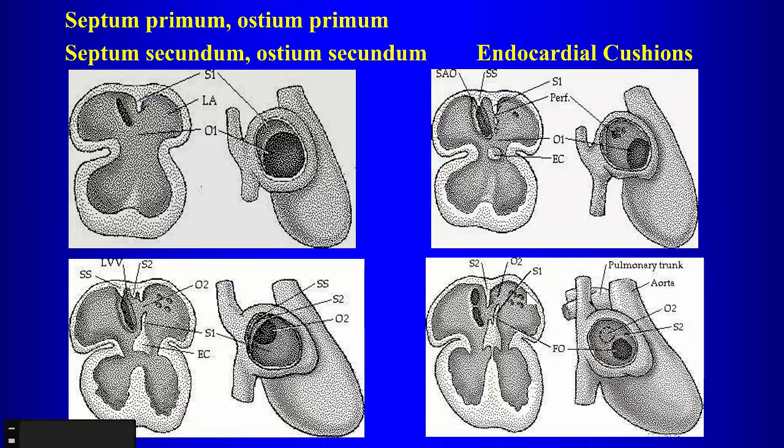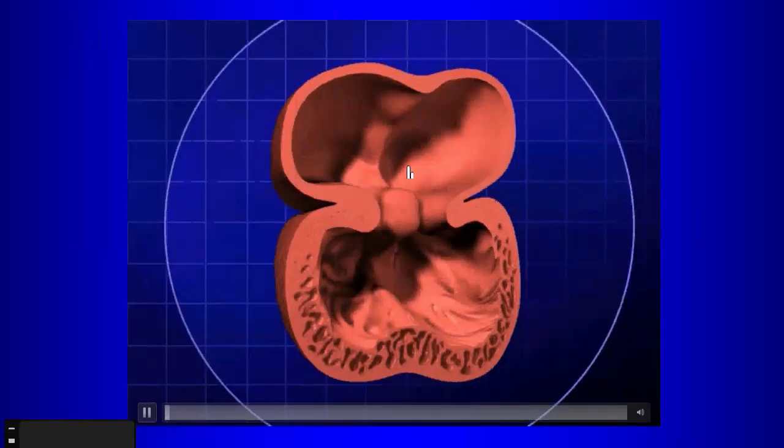So for a lot of the defects through the atrioventricular septum, it helps to understand a little bit of the embryology, and you've all had this where you have septum primum, ostium primum, septum secundum, ostium secundum, etc. And then the various defects explain where we have the communications and the holes.